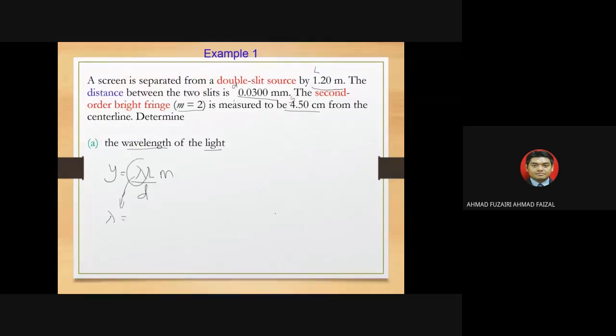So lambda equal to y d over m L. By substituting all the values here, you will get lambda equal to 5.63 times 10 to the power of minus 7 meter, or you can put it as 563 nanometer.